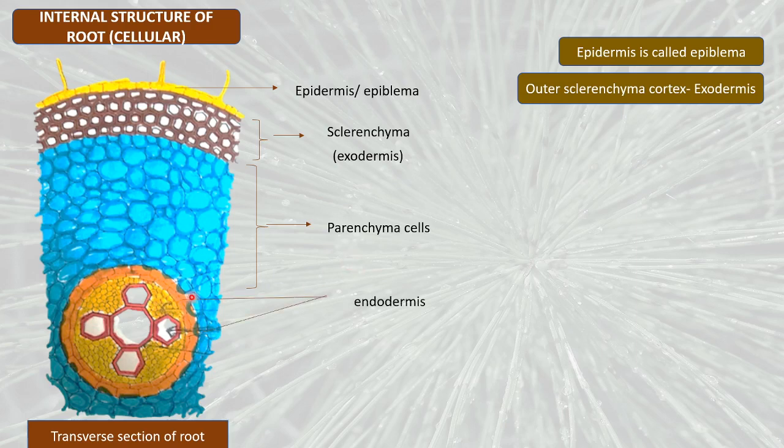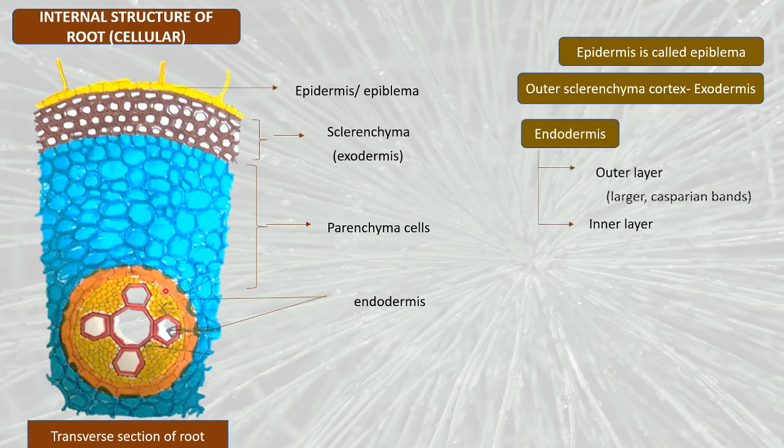Now this is the endodermal layer which separates the cortex from the stele. So the very important feature of equisetum in its root structure is the presence of two endodermal layers. You can see that there are two endodermal layer present, one this one and the another this one, right? So there are two endodermal layers present.